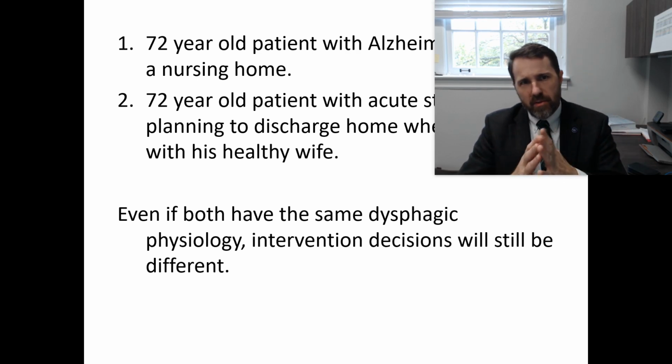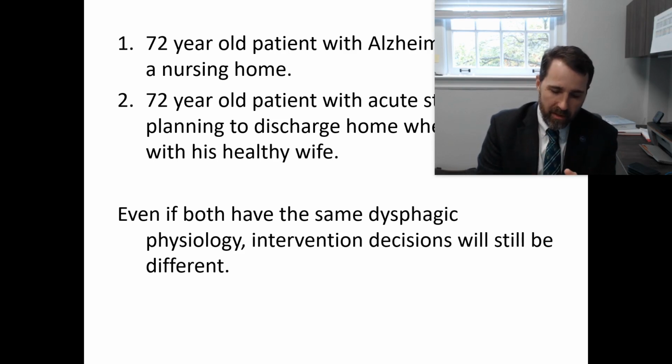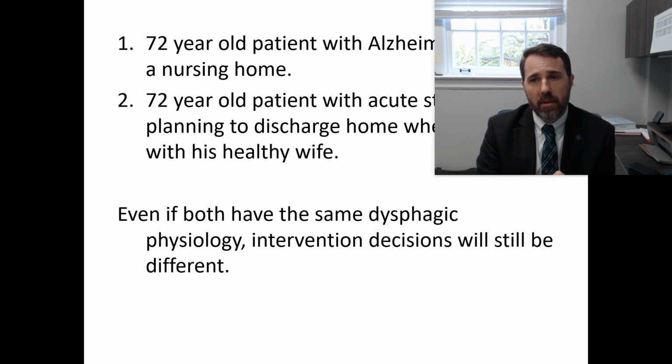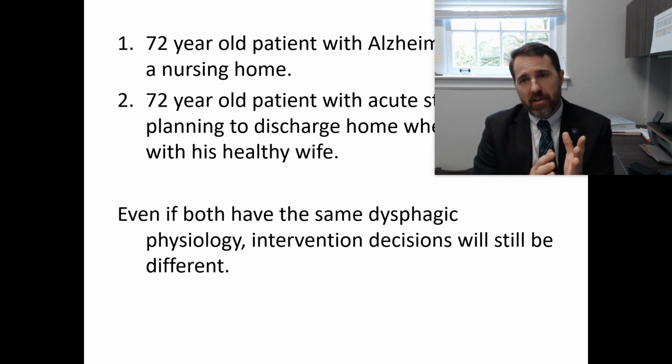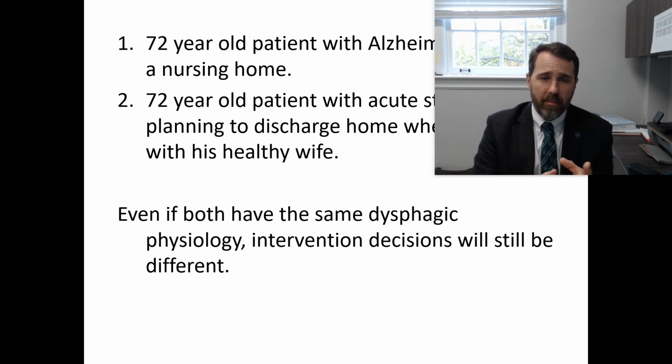For these two situations, even though they may have the same or very similar swallowing disorder, your actions, your expectations, your therapies that you put into place based on those are going to be very different.